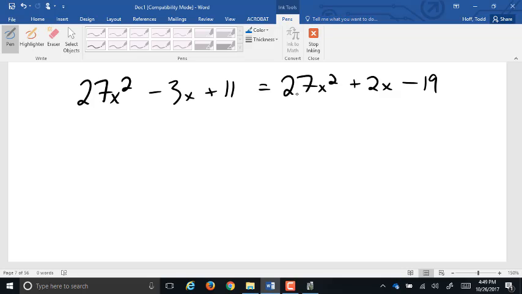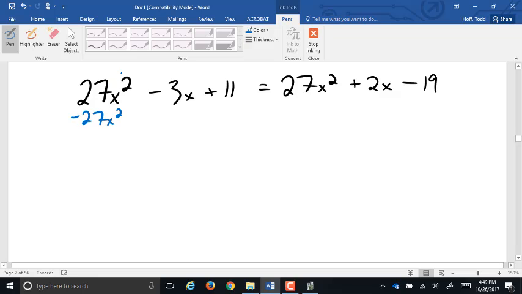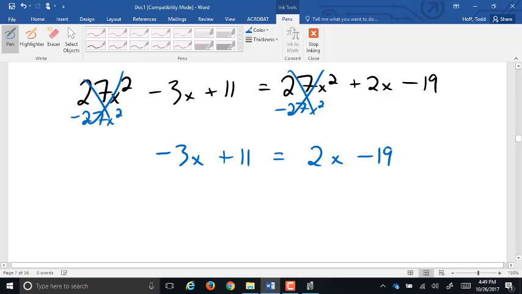But when we go to try to combine them, we subtract 27x squared from one side, we subtract 27x squared from the other side, and once again the x squared cancels out and disappears. So we've got -3x plus 11 equals 2x minus 19. What are we going to do next here?